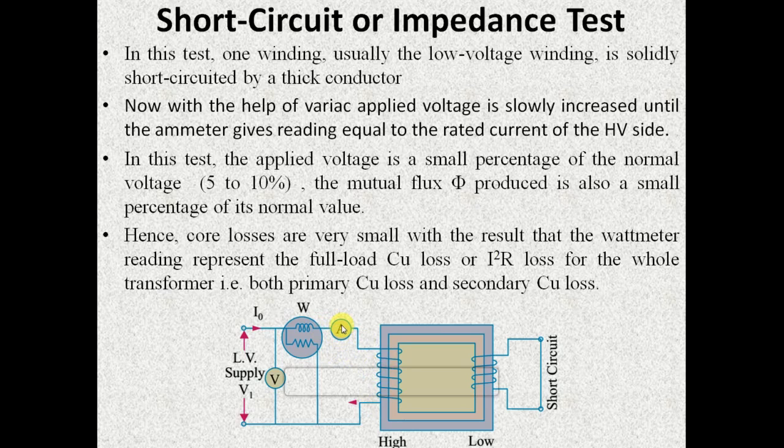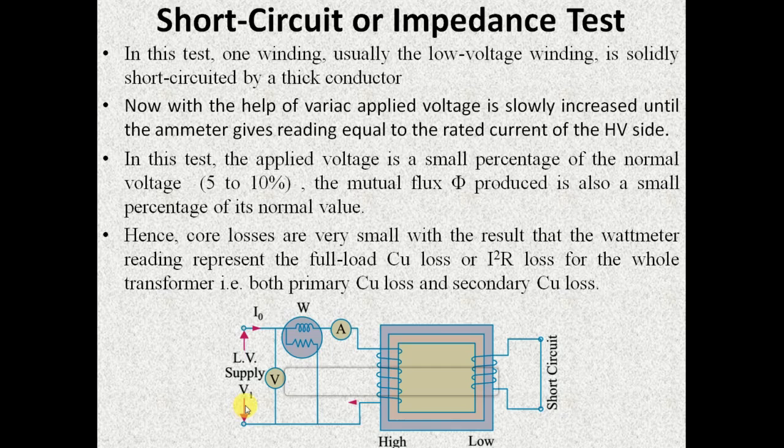In order to perform this experiment, we will short circuit the low voltage side with a thick conductor. Then gradually we will apply the voltage at the high voltage side until this ammeter gives a reading equal to the rated current of this high voltage side. In this test, the voltage which will be applied here to produce the rated current through this ammeter will usually be 5 to 10% of the rated voltage.